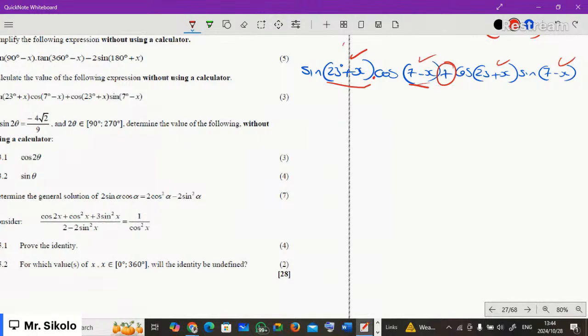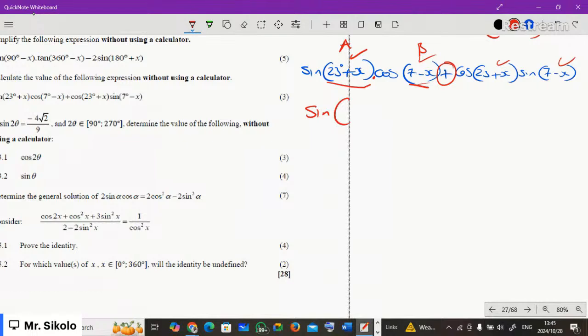If it's a compound angle, one of the angles has to be A and the second one will be B. The compound angle for sine is mixed, with sine and cos, or cos and sine. So we express it as a single ratio, using the compound angle of sine.